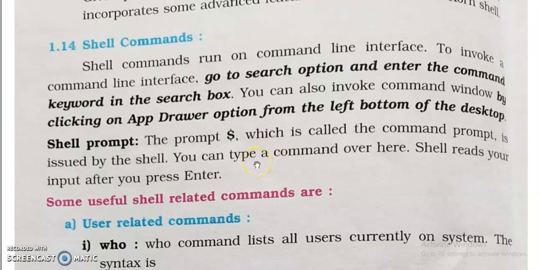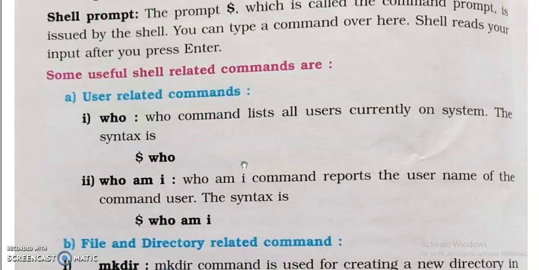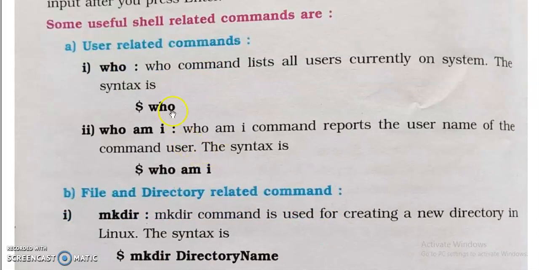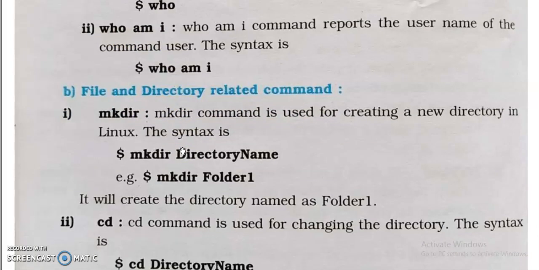Here we can see different types of commands. For example, there is who, meaning the name of the current user who is working in Linux. Then there is who am I, to know the username. If you do not know your username, or you want your computer to print your name, you can use this command, who am I. Then to make a directory, there is a command called mkdir.